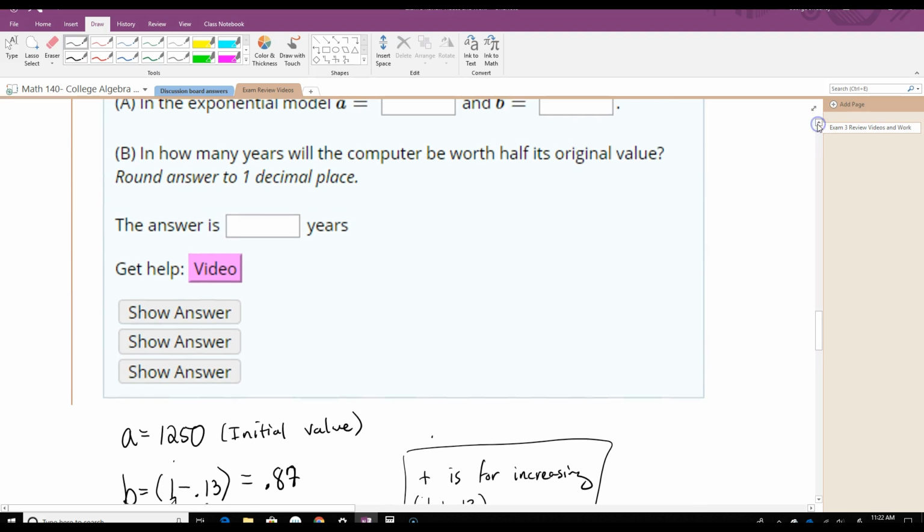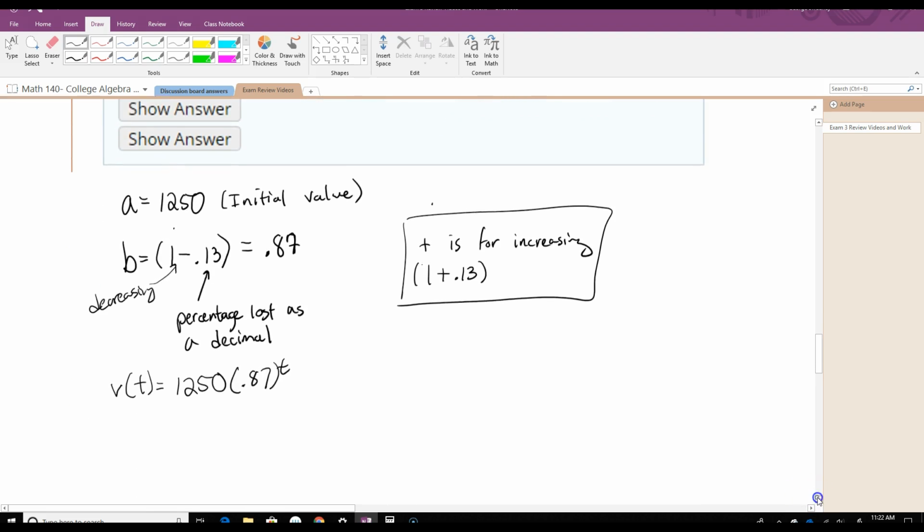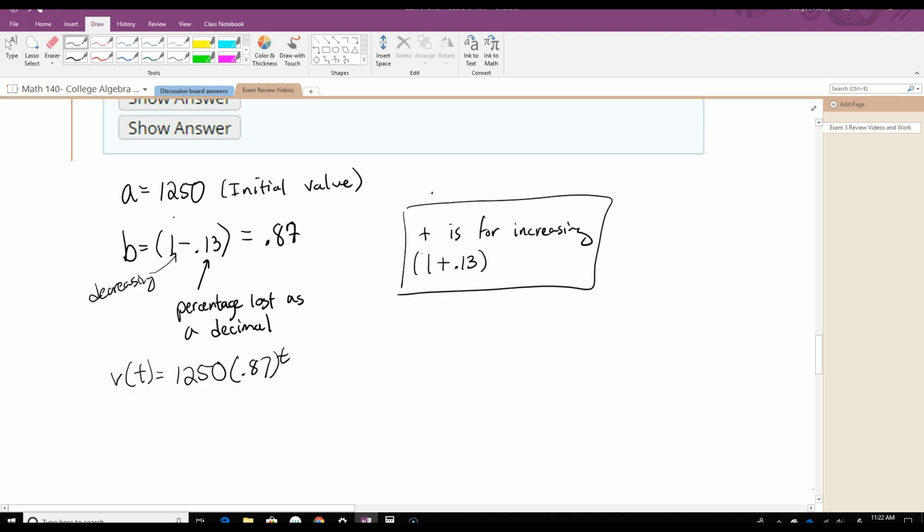Now I'm going to look at in how many years the computer will be worth half its original value. There are a couple of ways to do this, but probably the easiest is that, because we're given an original value, half of it will be 0.5 times 1,250, which equals 625. That's half of its value.